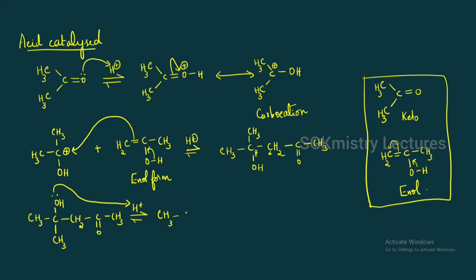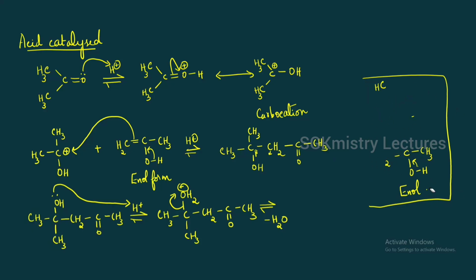So CH3, C, here it becomes OH2 plus, CH3, CH2, C double bond O, CH3, right? Now this OH2 can be removed as water molecule. So minus water molecule. I'll just erase this part since I've written this just for understanding about how to write the enol form.